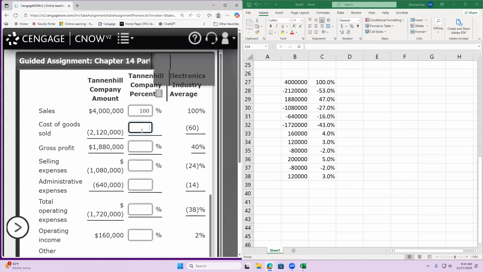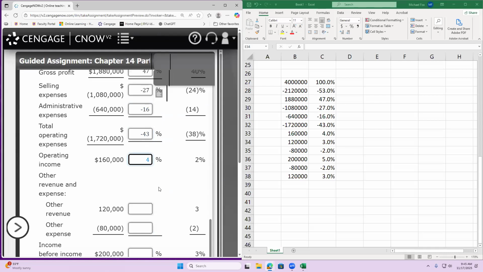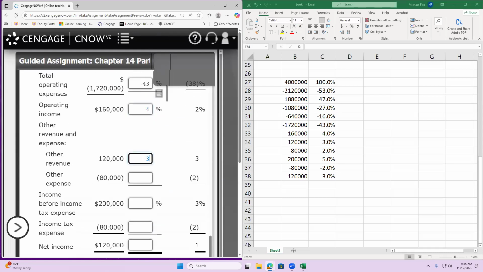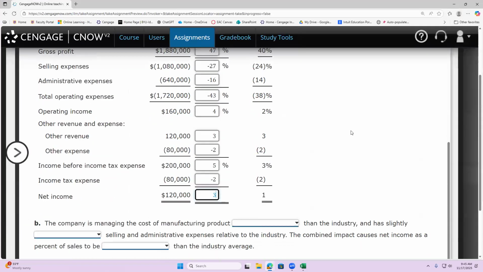Cost of goods sold, gross profit, 47%, selling expenses, and so on.